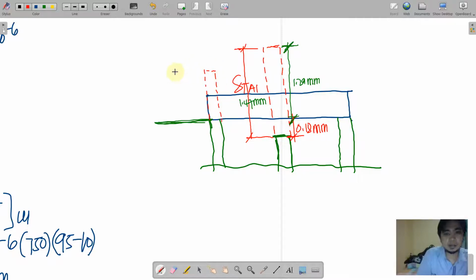So this is now the delta of temperature of the copper rod, which was computed to be 1.07.